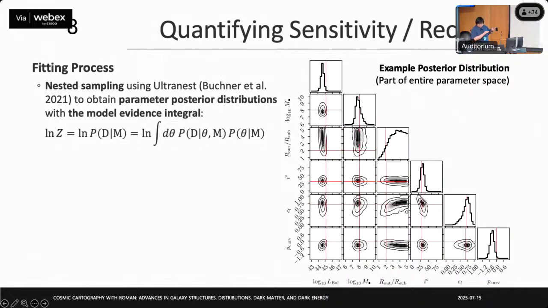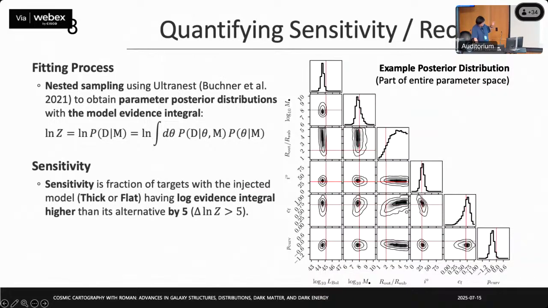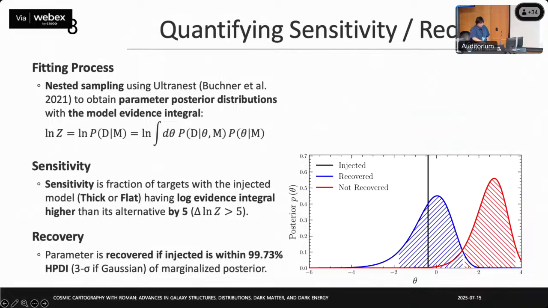This way, we can see whether the thick torus model or the flat torus model fits the individual light curves better, or how much better, which we quantify as sensitivity. Also, within the same model, we determine how well we recover each of the model parameters.